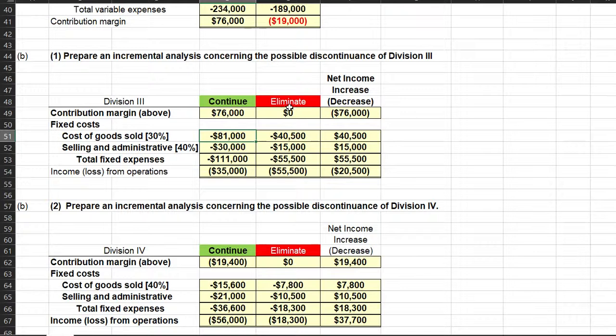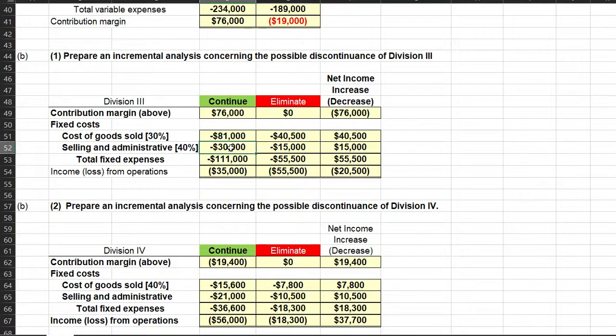And if we eliminated Division 3, then 50% of the fixed cost would still be there. So the impact of eliminating Division 3 would be that we would still have $40,500 of the fixed cost. Therefore, the impact on our net income would be that our net income would increase by $40,500, because that's the amount by which our total fixed cost would decrease.